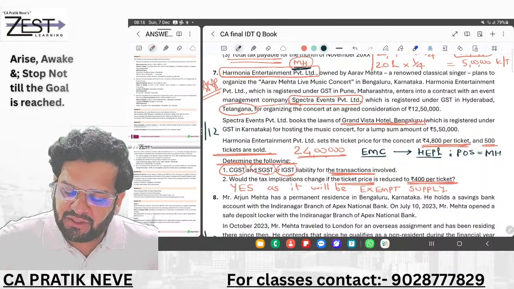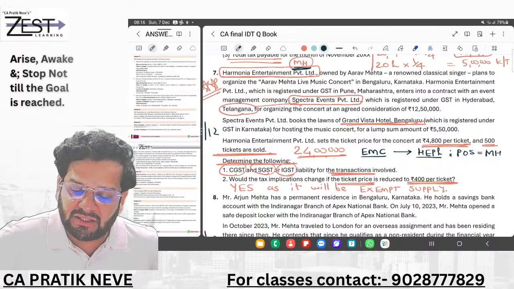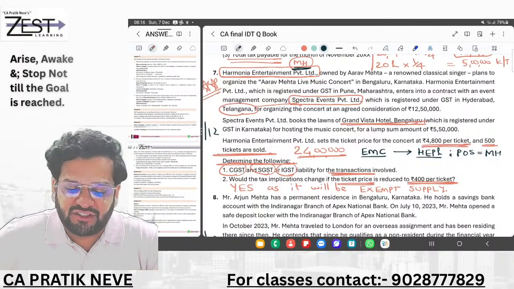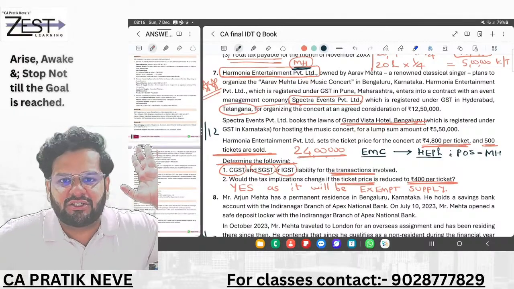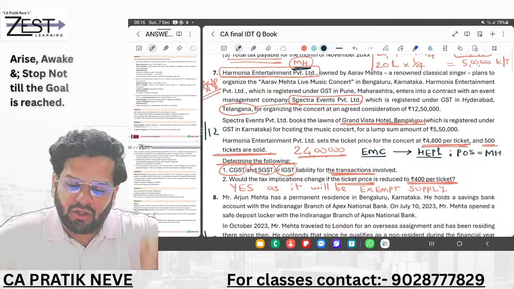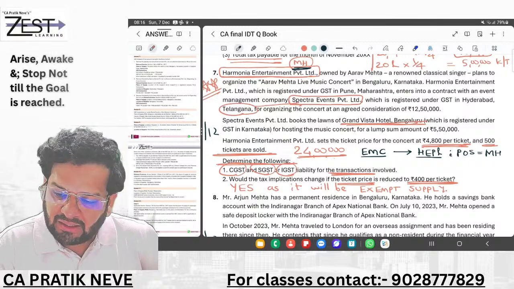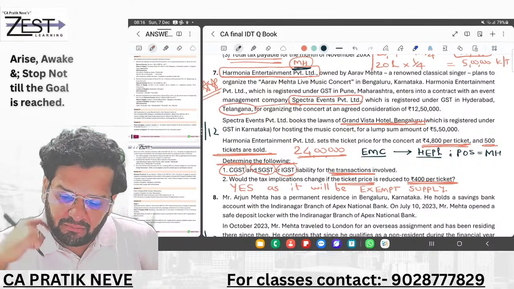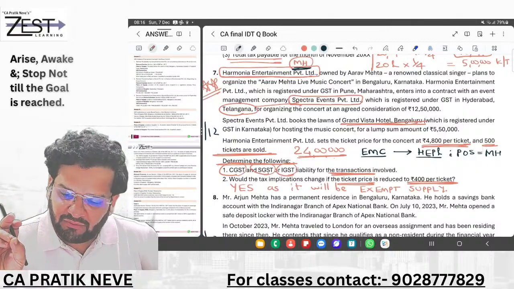The event management company giving supply to Harmonia Entertainment Private Limited: place of supply will be Maharashtra, being the location of the recipient of supply, because the recipient is registered in Maharashtra. Okay. Now comes the next point. Harmonia, Maharashtra, enters into a contract with the event management company for organizing the event.